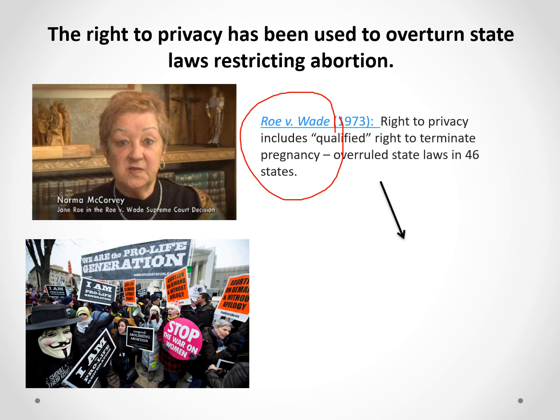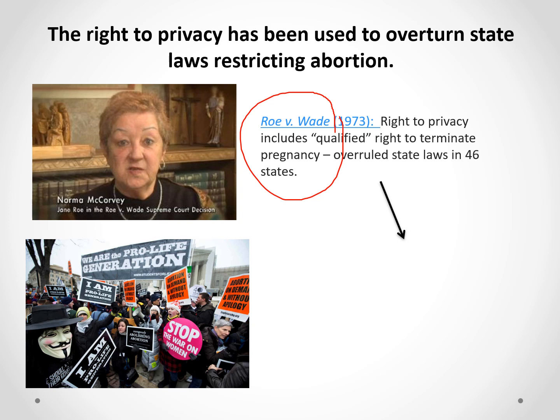One of the interesting things that happened with Roe versus Wade is you would think that the American people would say, oh, okay, the Supreme Court decided that abortion should be legal, and so that's the end of it. But in fact, that was not the end of it.